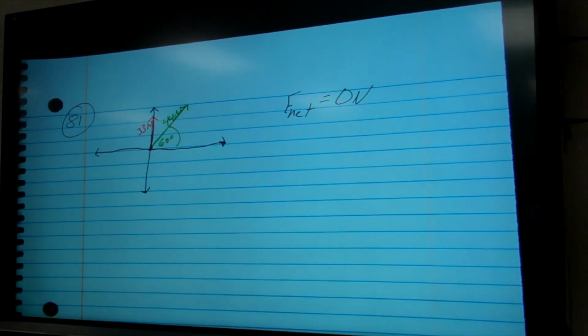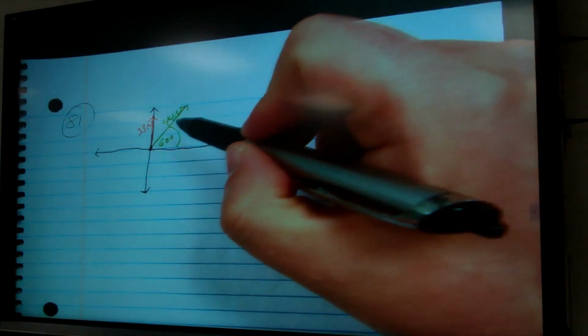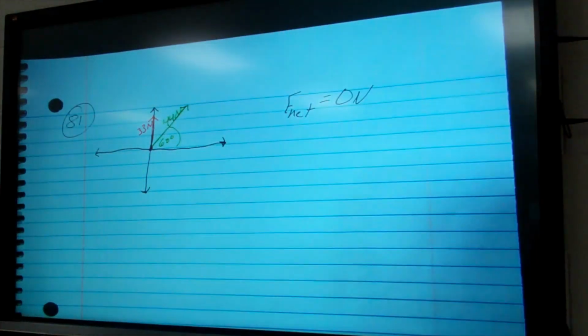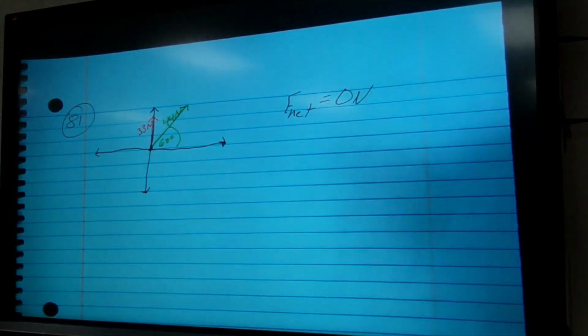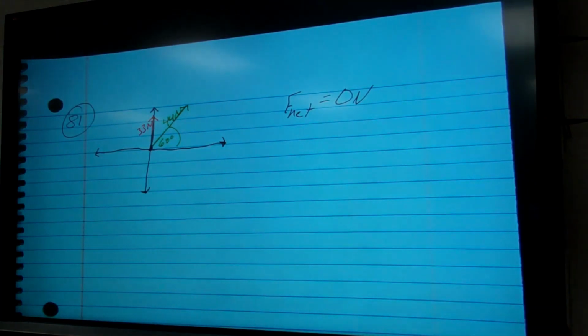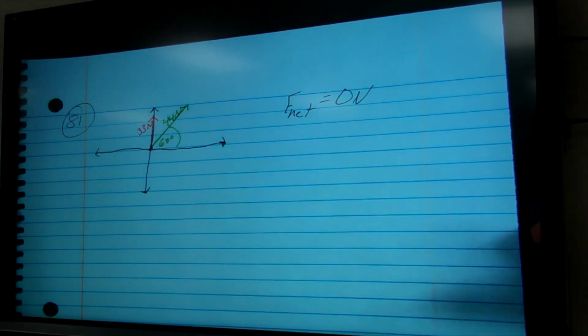So what we can do is something that you got to get really good at. We have to find the net force between these two forces, the red force and the green force, and then we're going to change it to the opposite direction. Then we will do some trig. We will find the magnitude, and then we're going to find the degree, which is our direction.